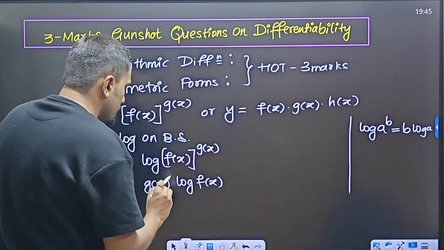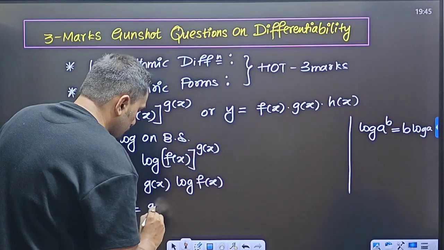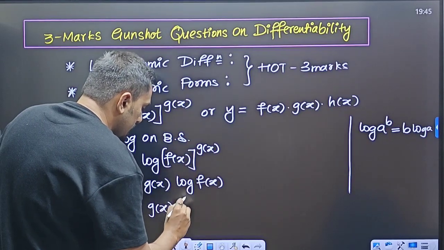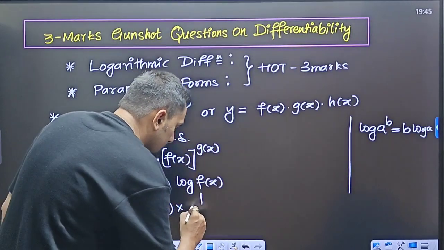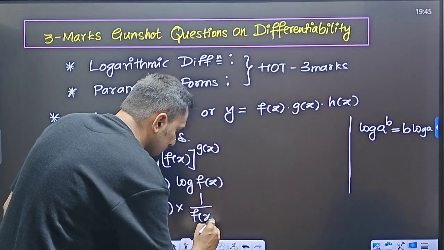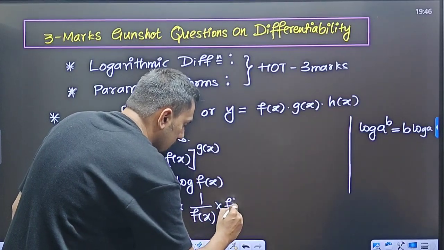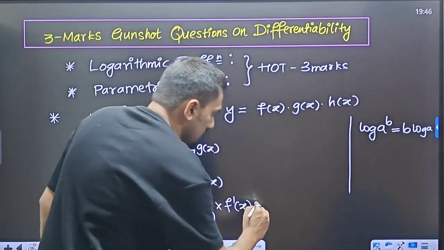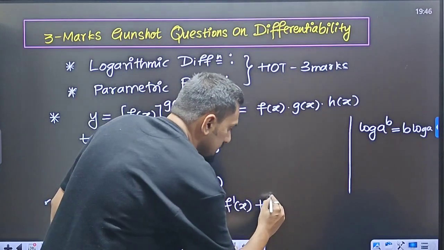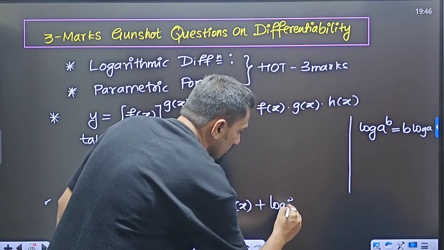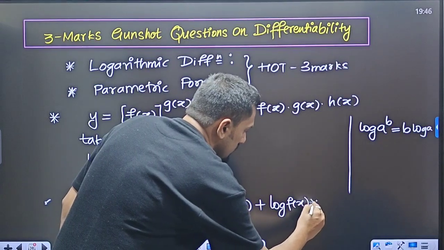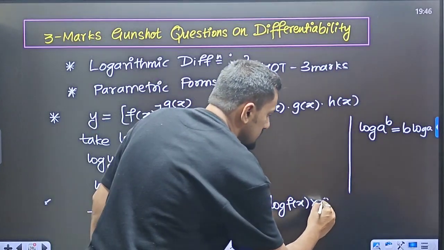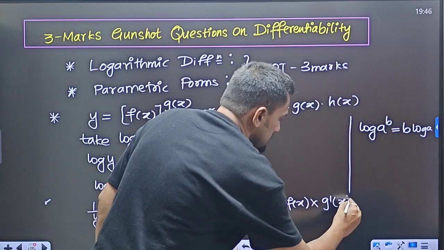Then keep the first function as it is, that is g of x as it is, into derivative of this, which will be 1 divided by f of x multiplied by derivative of f of x, that is f dash of x, plus second function as it is, that is log of f of x as it is, into derivative of the first function, g dash of x.